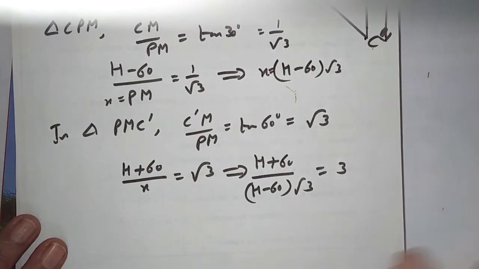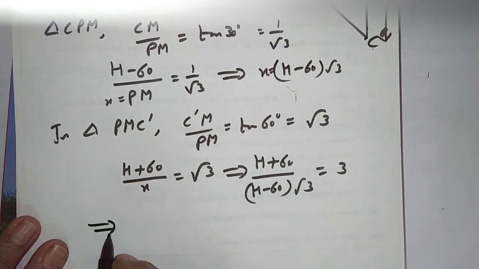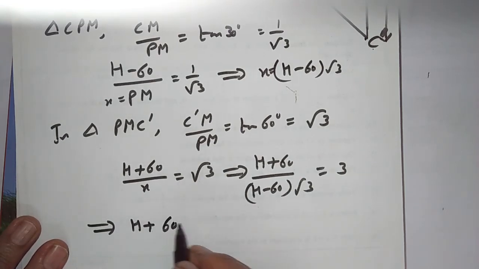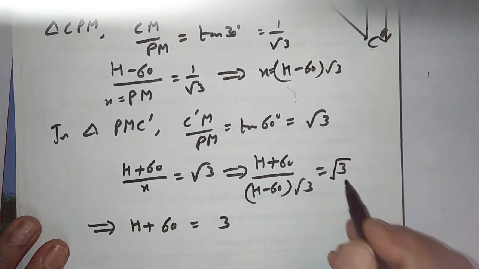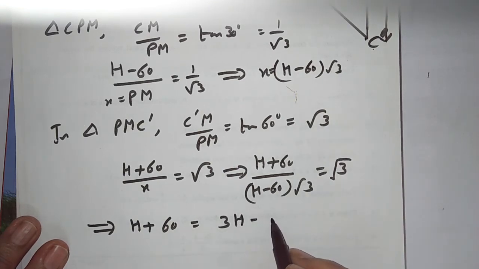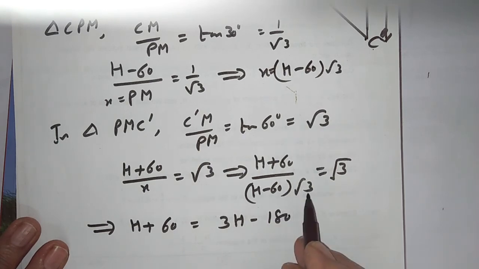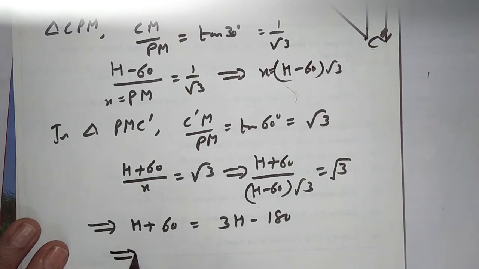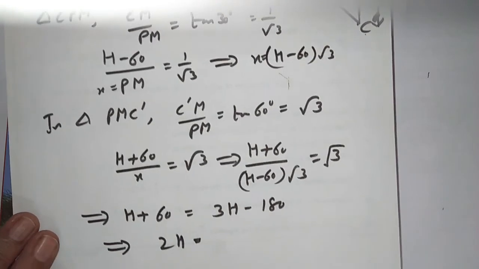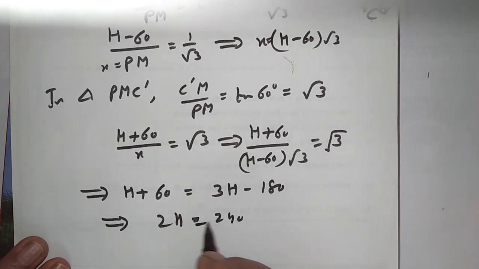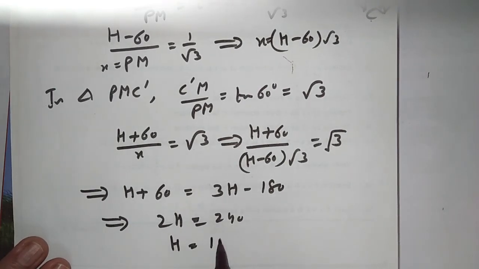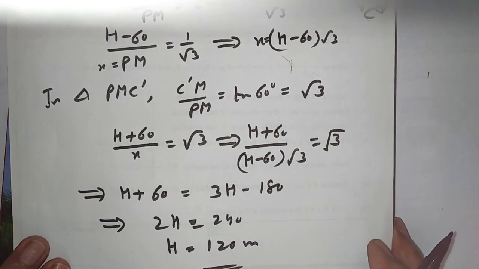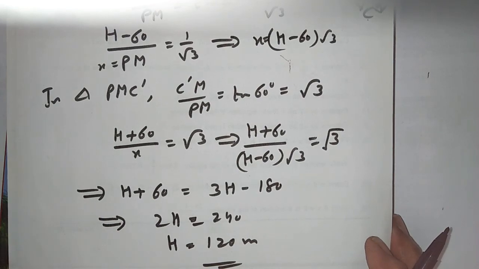After calculating this, you will get H plus 60 is equal to 3H minus 180, because root 3 into root 3 becomes 3. So you will get now 2H is equal to 240 and H is equal to 120 meter. Therefore, height of the cloud is 120 meter from the surface level.